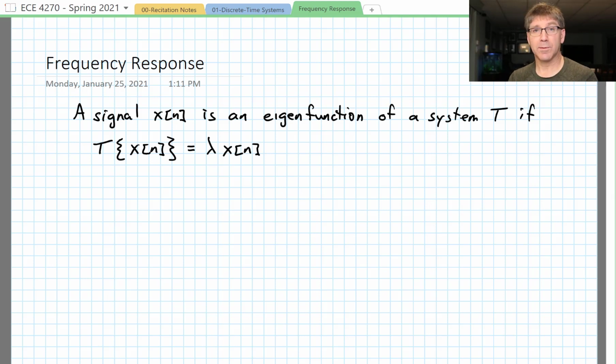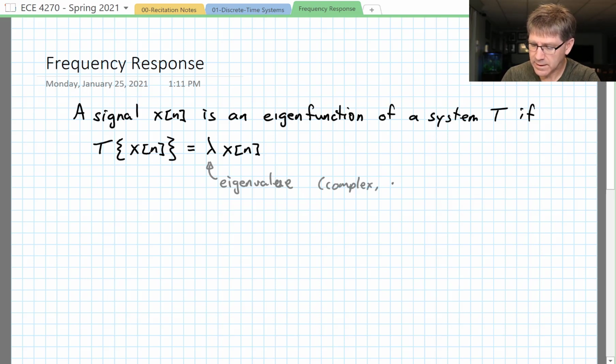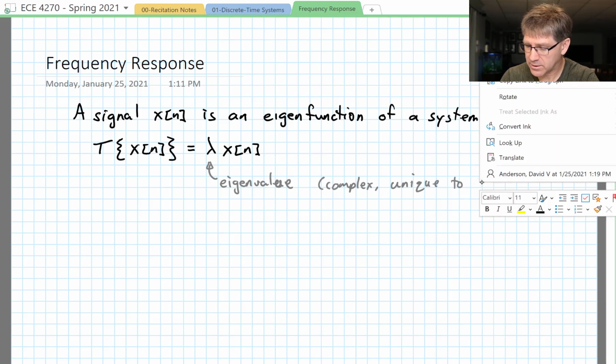So when we talk about eigenvalues in linear algebra, you have a matrix multiplying a vector, and you get the same vector back, but it's been scaled by some eigenvalue. In this case, here we have an eigenvalue, and it could be complex, and it is unique to each eigenfunction.